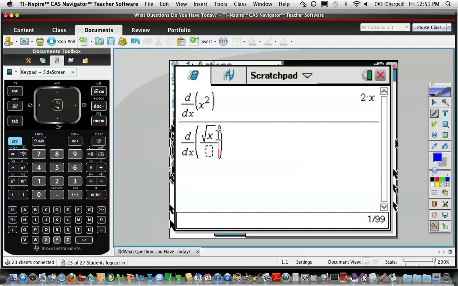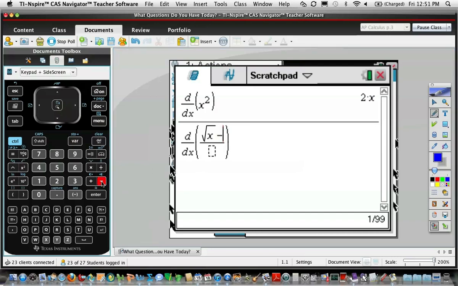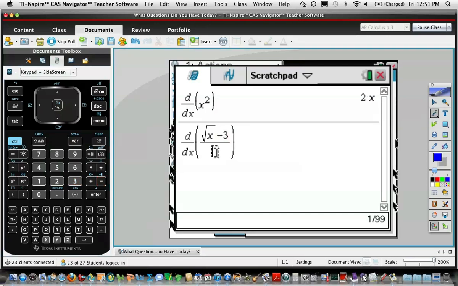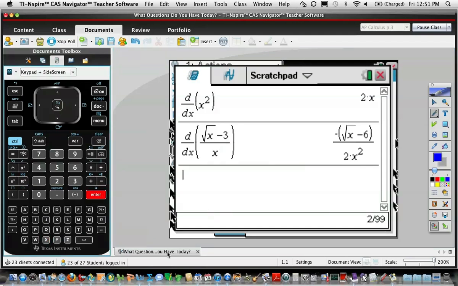Make sure you put your -3 outside of the square root, not inside. That's what I got. Is that what we got? It is? Yes.